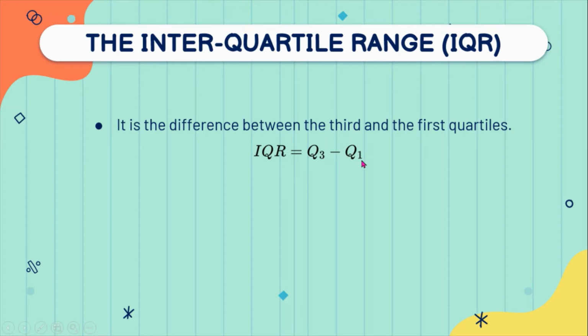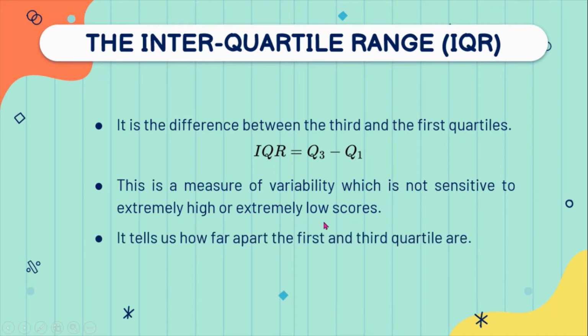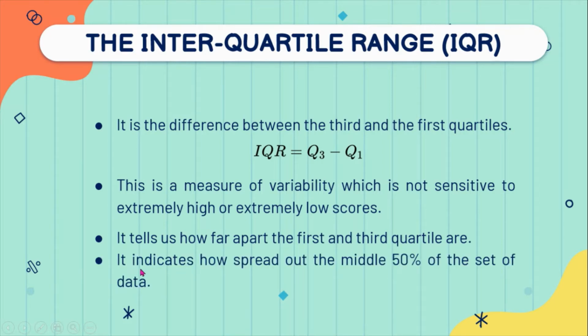This IQR is a measure of variability which is not sensitive to extremely high or extremely low scores. It tells us how far apart the first and the third quartile are, and it indicates how spread out the middle 50% of the set of data is.